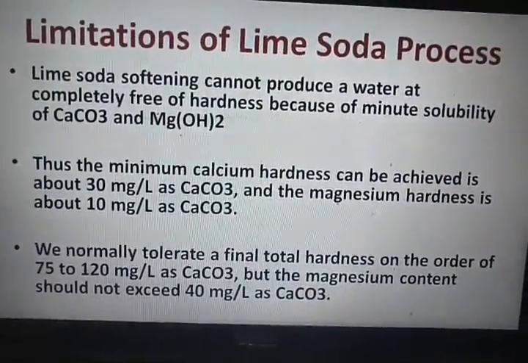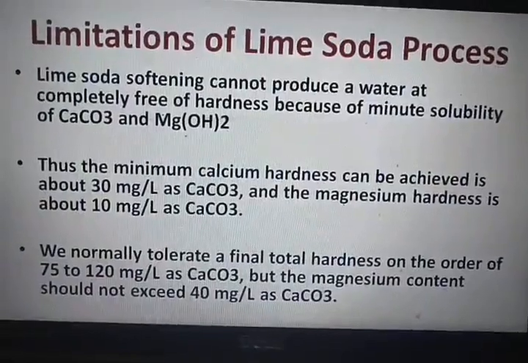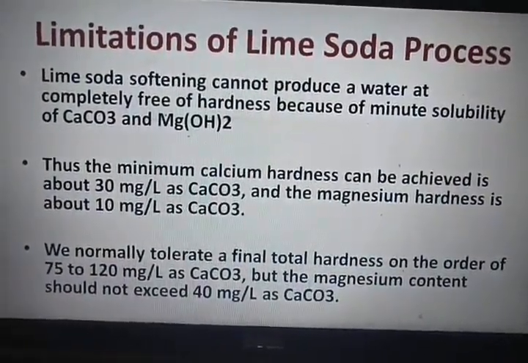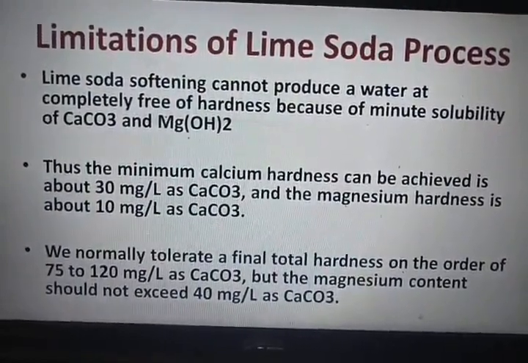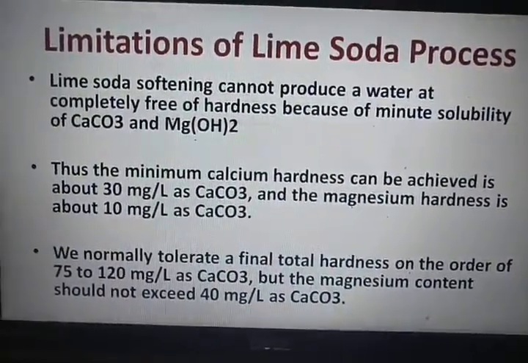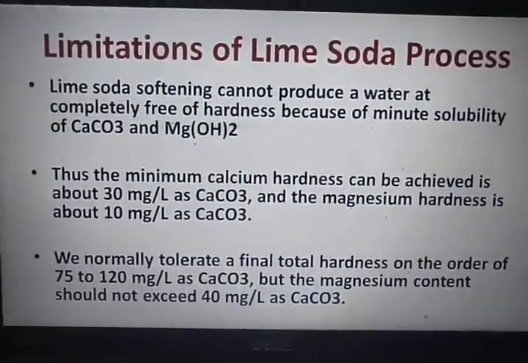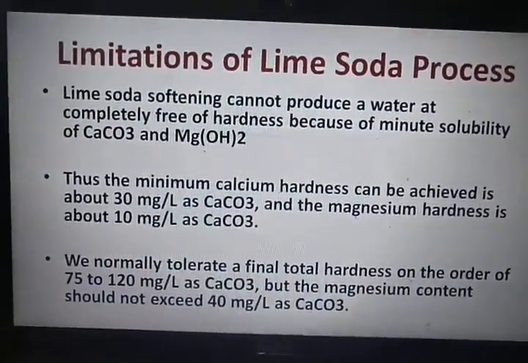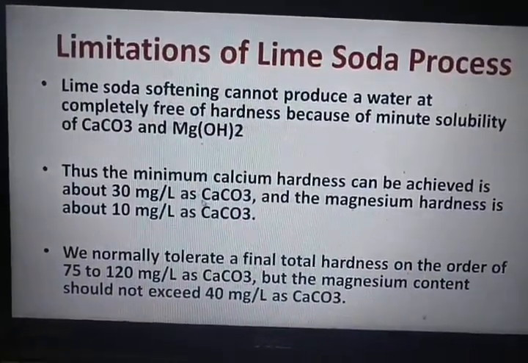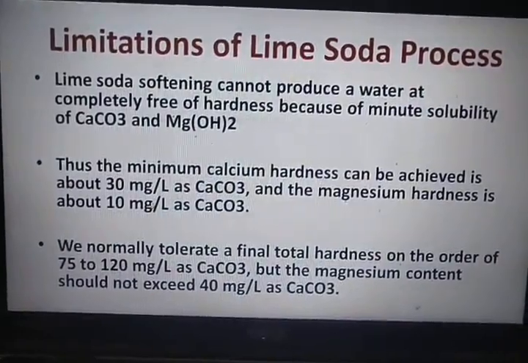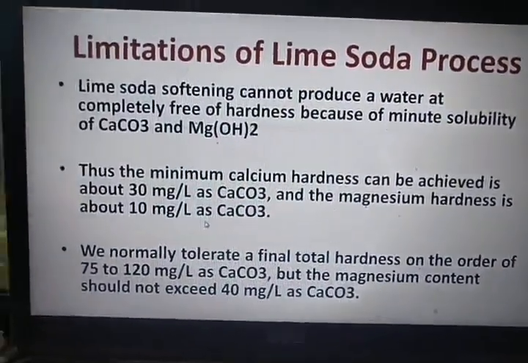Thus the minimum calcium hardness that can be achieved is about 30 mg per liter as CaCO3 equivalent, and the magnesium hardness is about 10 mg per liter as CaCO3. That means we cannot completely remove the hardness by using this process. There will be some residual calcium hardness and magnesium hardness present, in the order of 30 mg and 10 mg per liter respectively.